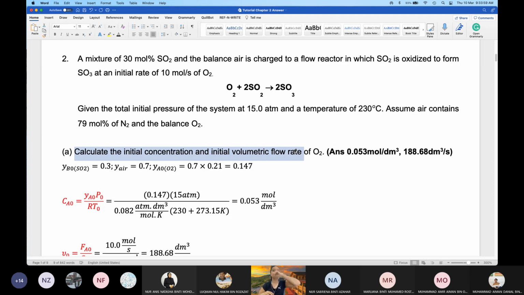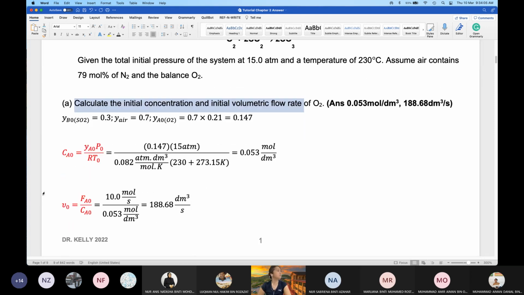Asalkan dia gas phase, nak cari concentration, you can straight away remember that we will use the ideal gas law equation, which states CA0 equals to, since dia beri kita initial total pressure, which is P0, don't forget you have to multiply with YA0.